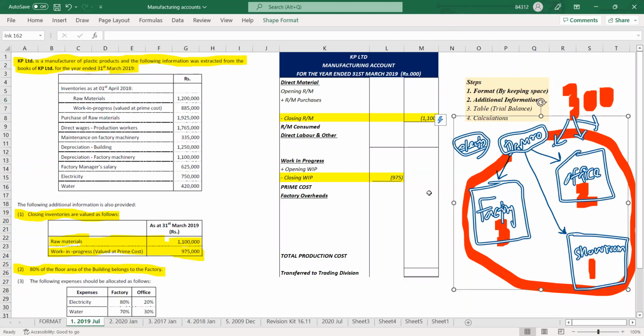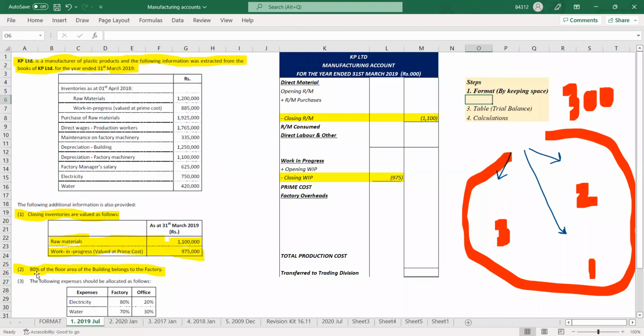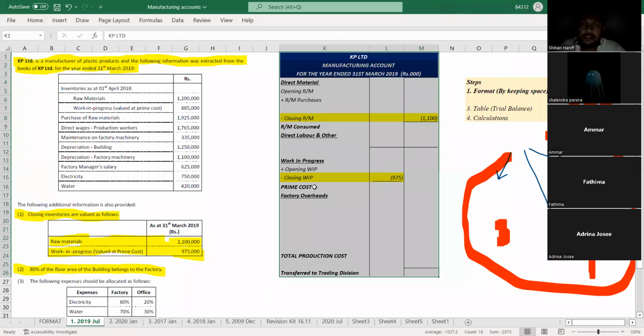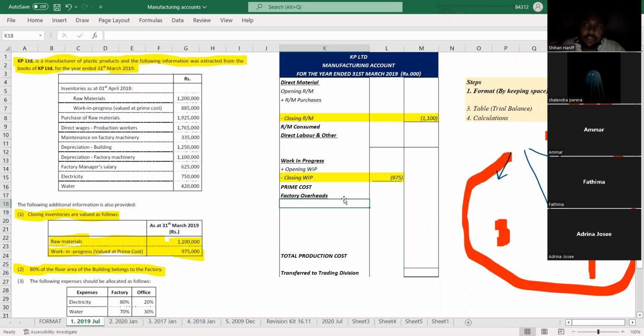Okay. So likewise, in the question, 80% of the floor area belongs to the factory. So factory expenses come to the manufacturing account. Any factory related expenses will be recorded in the manufacturing account. Any office related, administration related expenses will be recorded in administration expenses in the income statement.